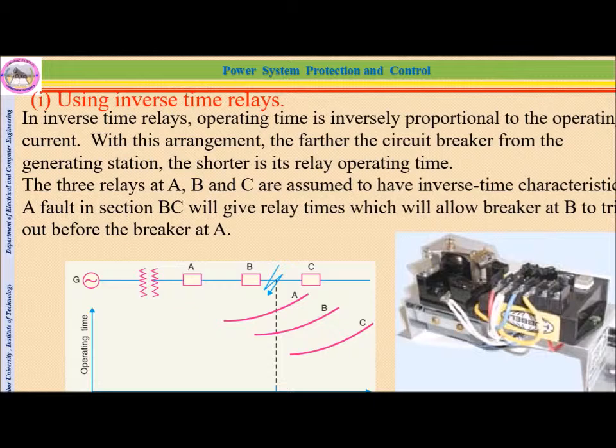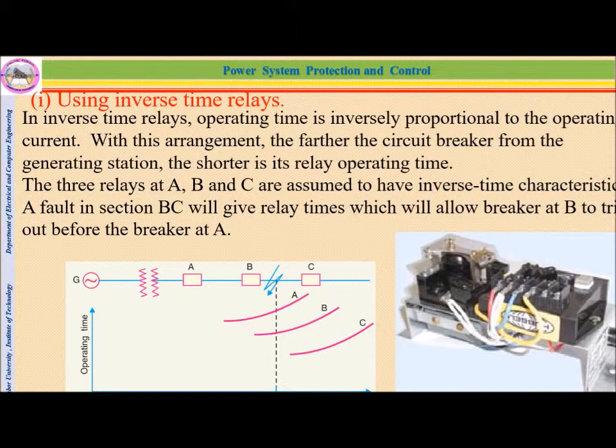Let us see now using inverse time delay. In an inverse time relay, the operating time is inversely proportional to the operating current. With this arrangement, the further the circuit breaker is from the generating station, the shorter is its relay operating time.